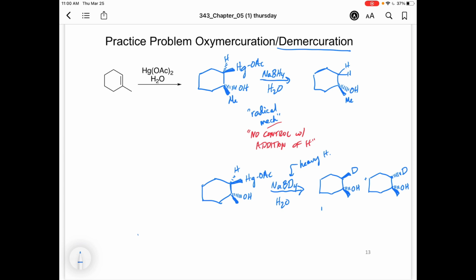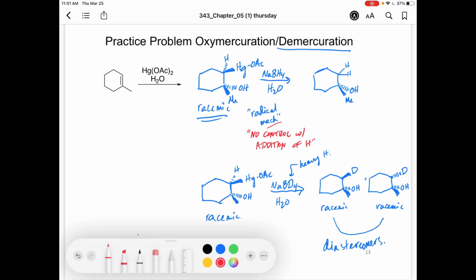Now, we do have a racemic of both. We actually get 4 products here. Oh, and I should note that, like we had on the previous slide, these are racemic. These 2 products here are diastereomers.